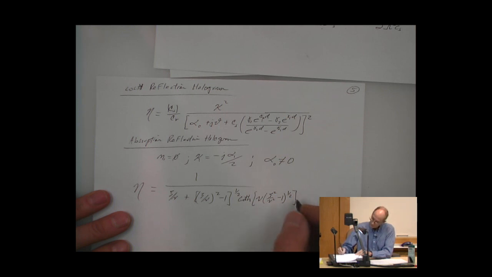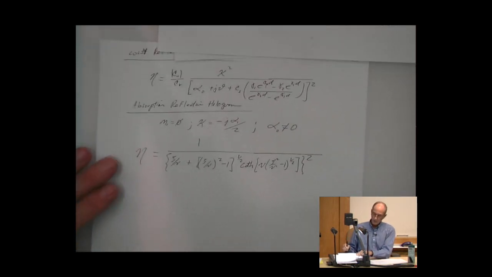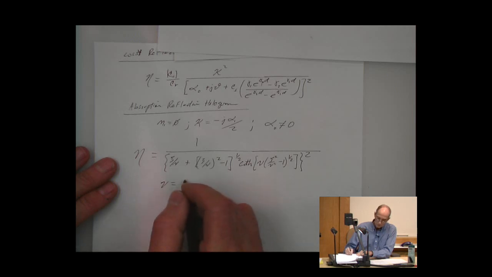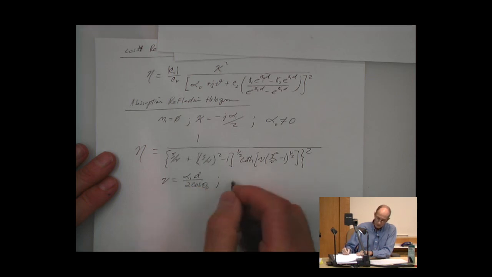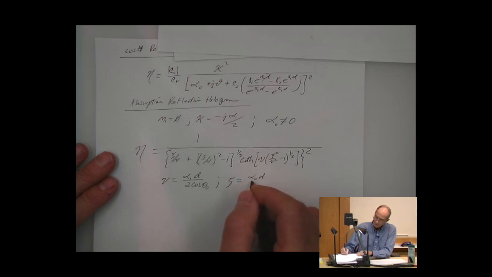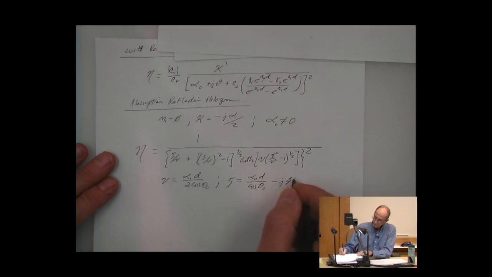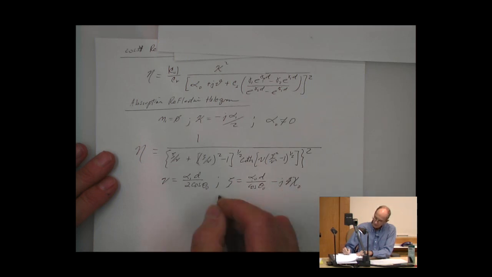Here nu is equal to alpha 1, the absorption modulation, alpha 1 d over 2 cos theta 0, and psi is equal to alpha 0 d, the average absorption, over cosine theta 0, minus j times chi 0, which is related to the tuning parameter.